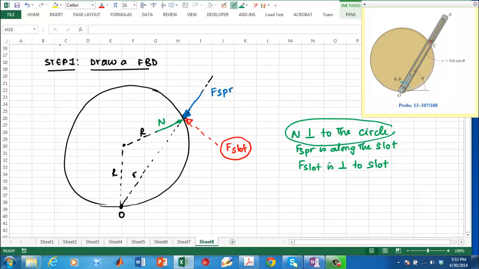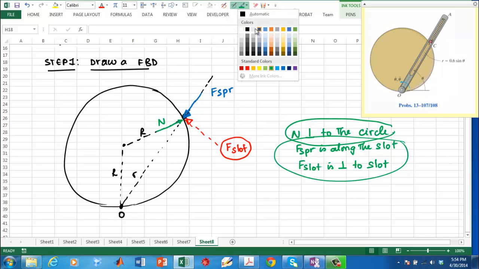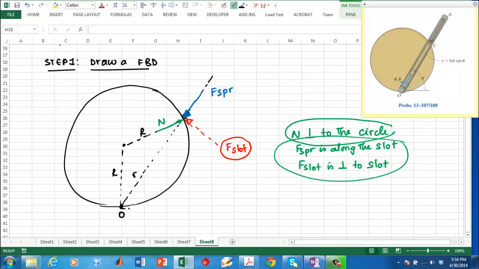Notice, now we've got to do a little bit of trigonometry here. I can hear all the groans as soon as I said trigonometry, but life is like that, so you've got to get used to this. This angle is given as theta, so is it obvious to you that this angle is 90 minus theta, which means this angle is also 90 minus theta, because this is an isosceles triangle.